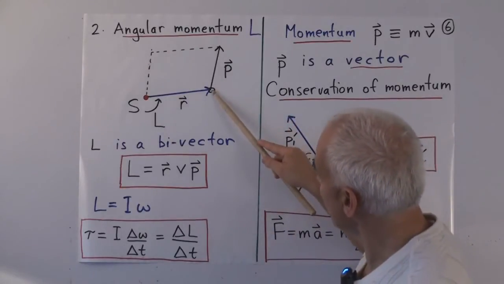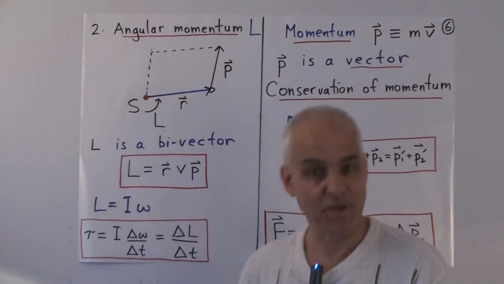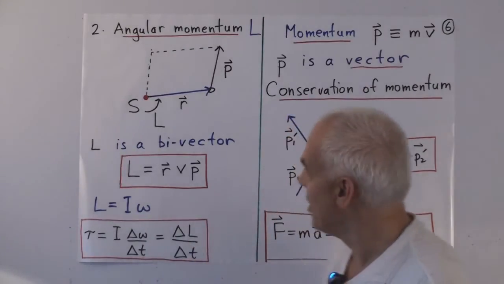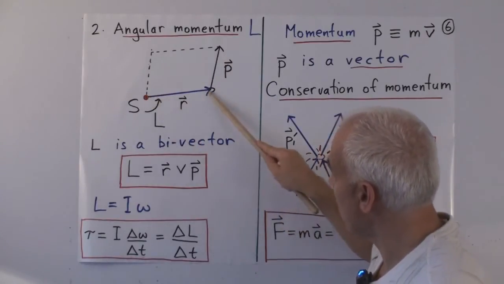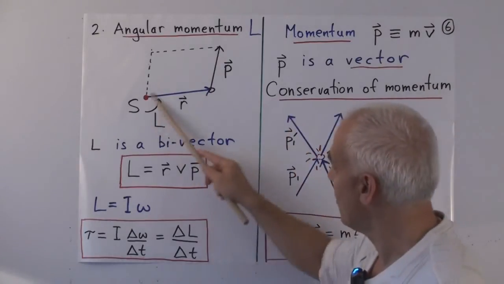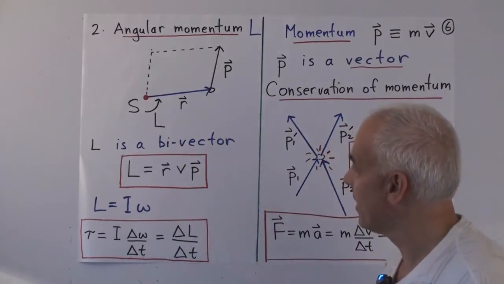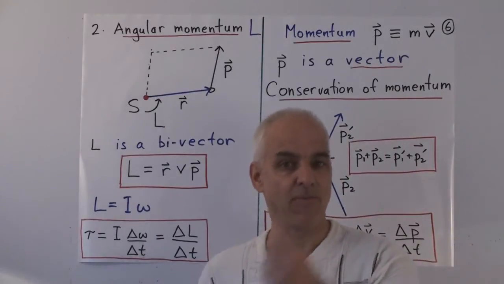Now suppose that this little particle has a linear momentum p, exactly in the sense that we've been talking about. So there's the vector p, and that particle's position is described by a vector r emanating from the sun to where it is. So we have these two vectors, r and p. Now this particle has a certain angular momentum around the sun.